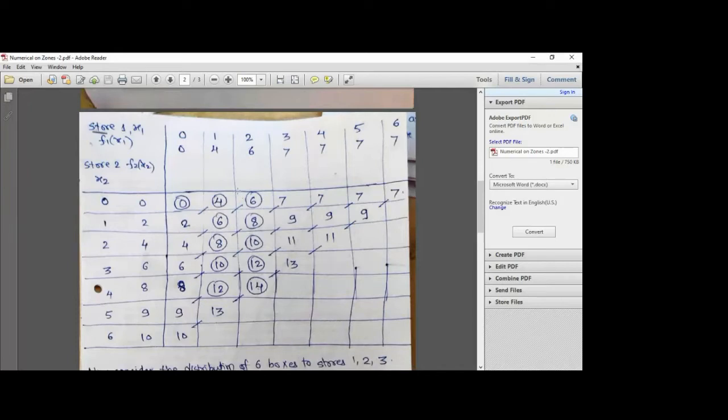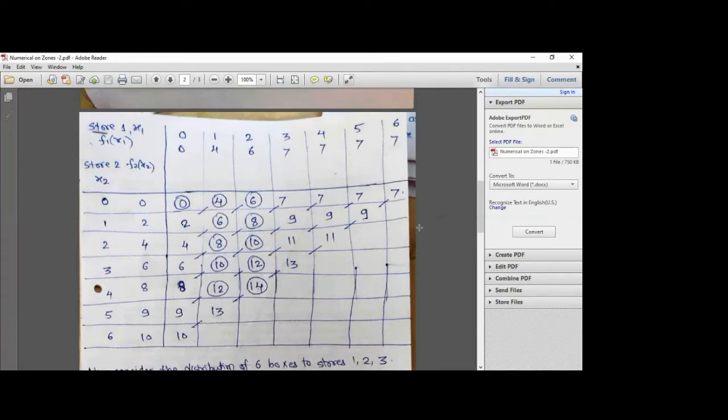Similarly, if there are two crates to be considered for store 1 and store 2 in combination, it will be 0 plus 2, 1 plus 1, and 2 plus 0. If I have to consider three crates in combination with store 1 and store 2, it will be 0 plus 3, 1 plus 2, 2 plus 1, and 3 plus 0.